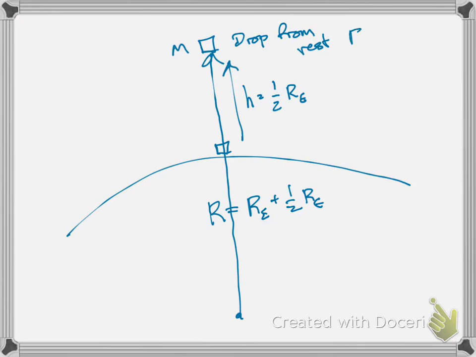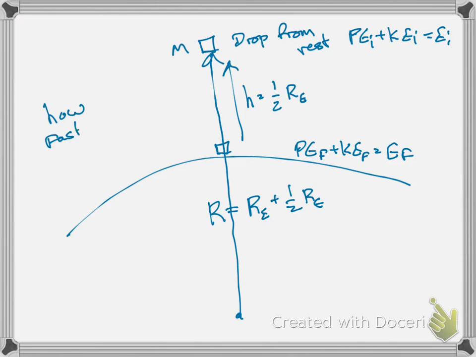We're going to say PE initial plus KE initial is the total mechanical energy at the highest height. PE final plus KE final is the total mechanical energy at the lowest height. And right, how fast will it be moving when it gets to the ground? So we're going to conserve energy.